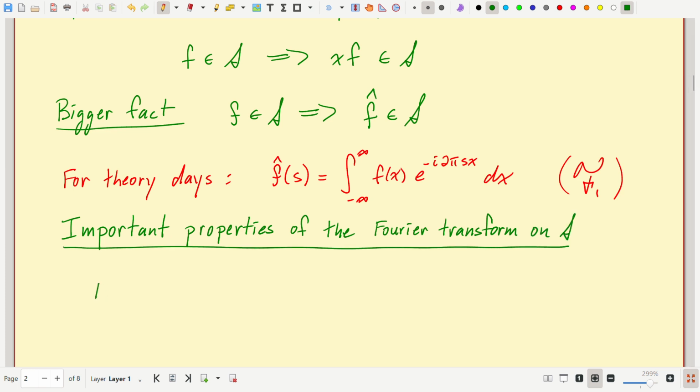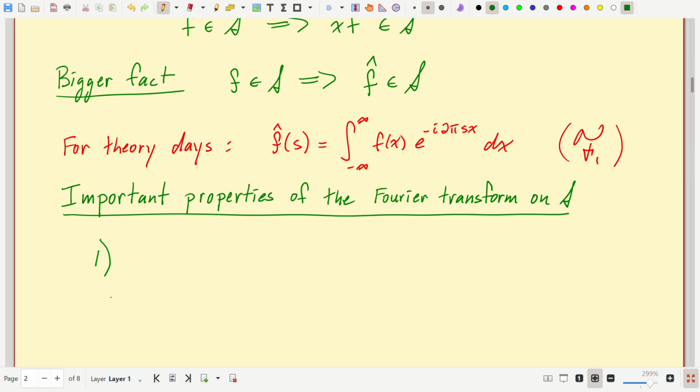Let's see, one. We're going to write f hat of s is the Fourier transform of f.